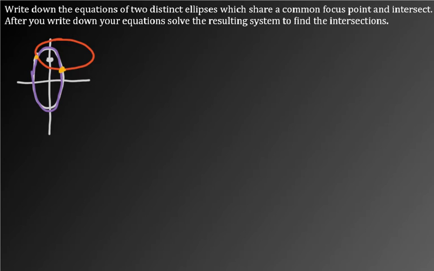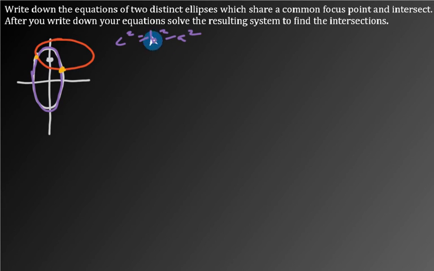So for the purple one, basically what we're going to use is c squared equals b squared minus a squared. So this is our little formula for finding the distance. C is the distance from the center to a focus point, and that's for vertical ellipses like this.